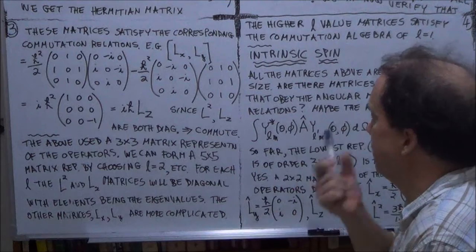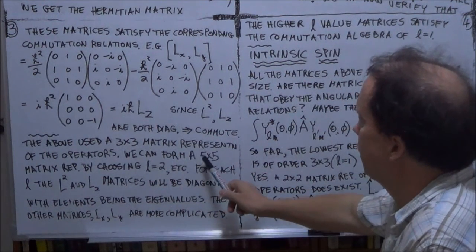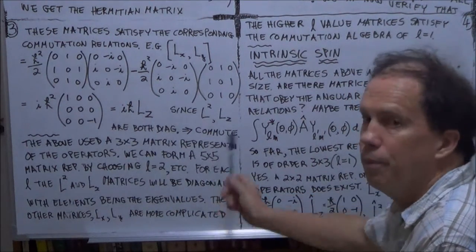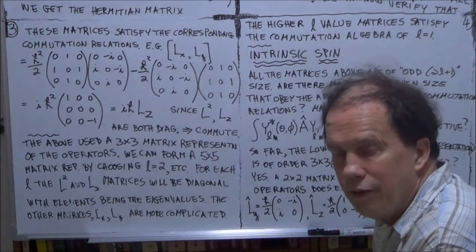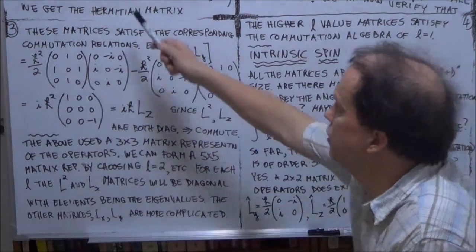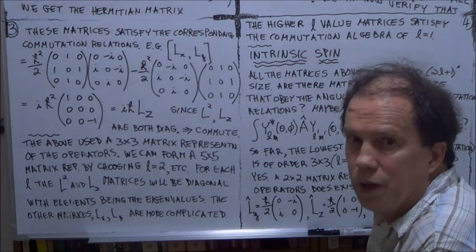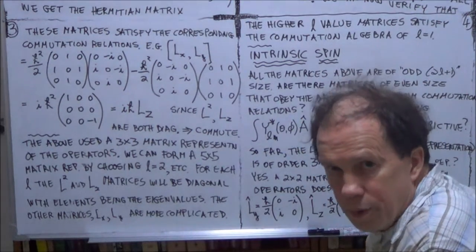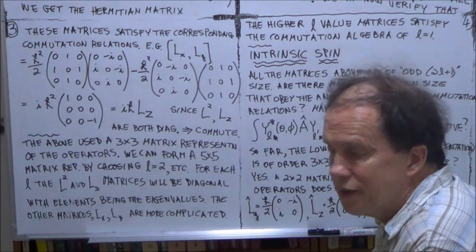So you can calculate what the matrices would be for 5 by 5 by choosing L as 2, and you can go up and up. You could have a 7 by 7, a 9 by 9, 11 by 11, always odd.